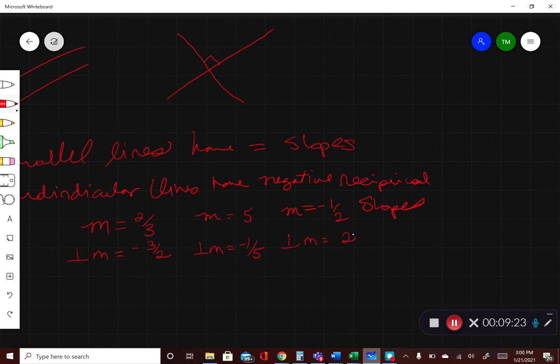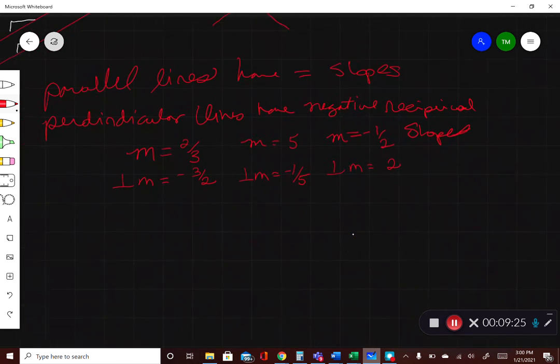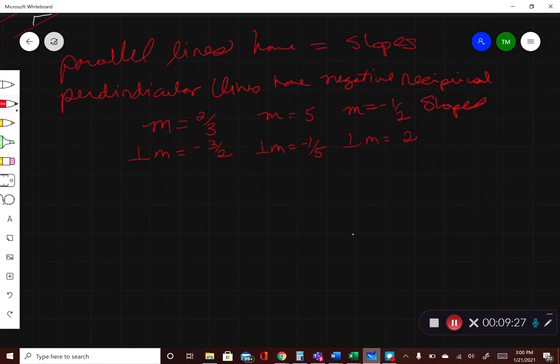So let's consider this setup. Let's say that we wanted to find the equation of the line that passes through the point 2, 3 and is parallel, that's the symbol for parallel, to the line 5x plus 3y is equal to 1. Now keep in mind what I said earlier.